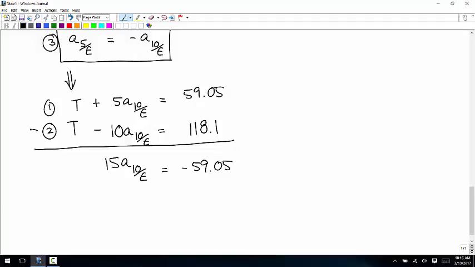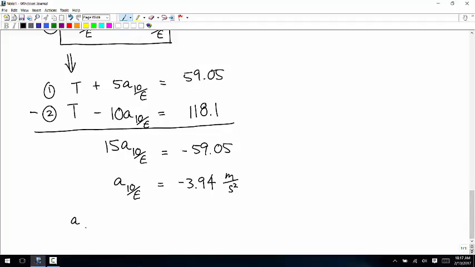And so I believe acceleration of 10 relative to E is equal to negative 3.94 or so. Is that right? So the acceleration of the 10 kilogram mass observed in the elevator is equal to 0, negative 3.94 meters per second squared. The first one was negative 3.27.